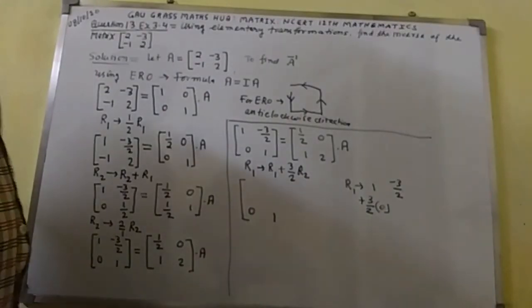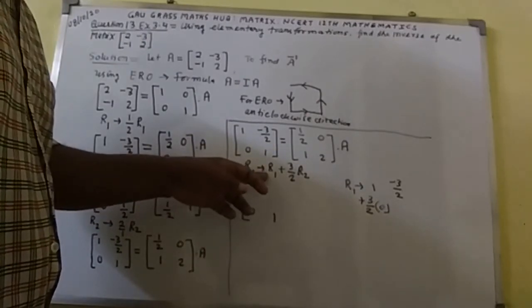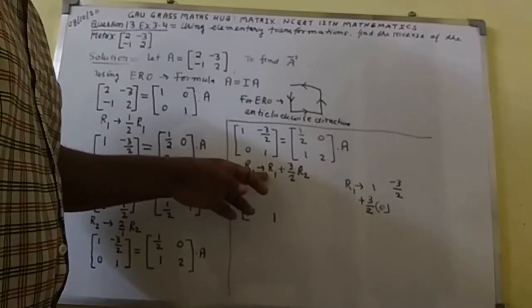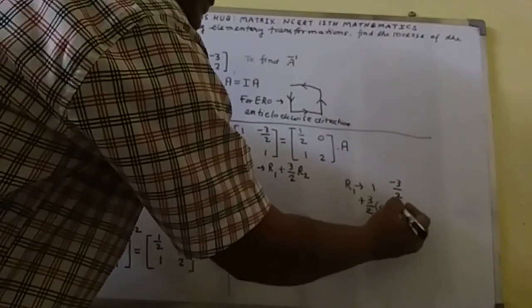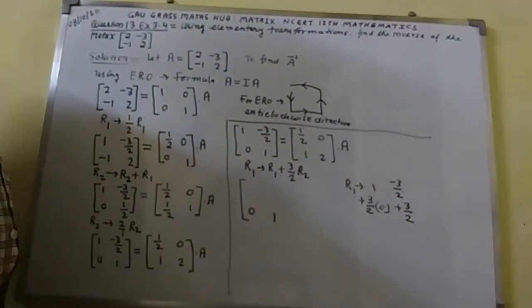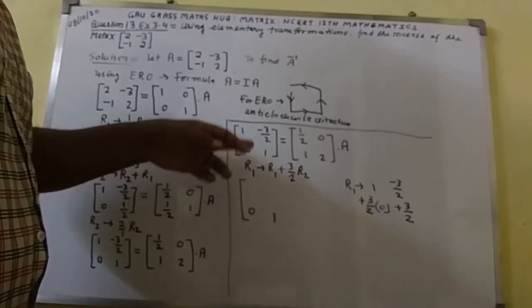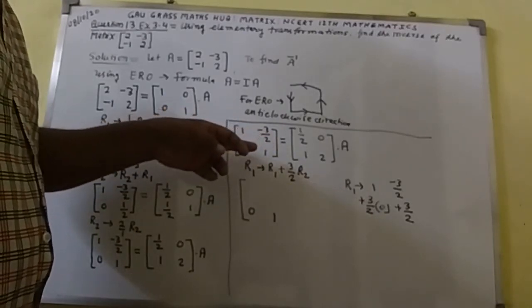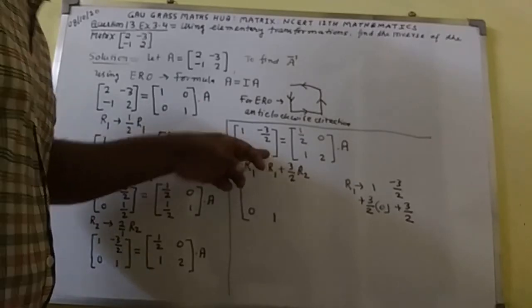And at this place, R1 I shall take minus 3 over 2 plus 3 over 2, and the respective element of minus 3 over 2 in R2 will be 1. So in place of R2 here I shall write 1.